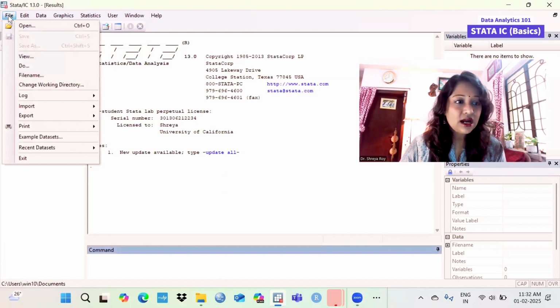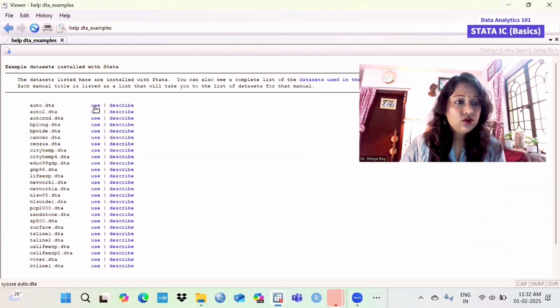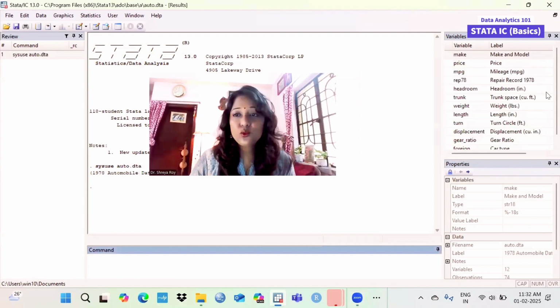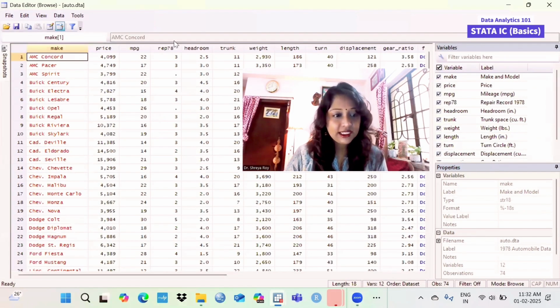So let's start with using the example data sets installed with Stata. I am using the very basic data set, which is already installed with Stata. The data set looks something like this. The red ones are our string variables and the black ones are our numeric variables or float variables.